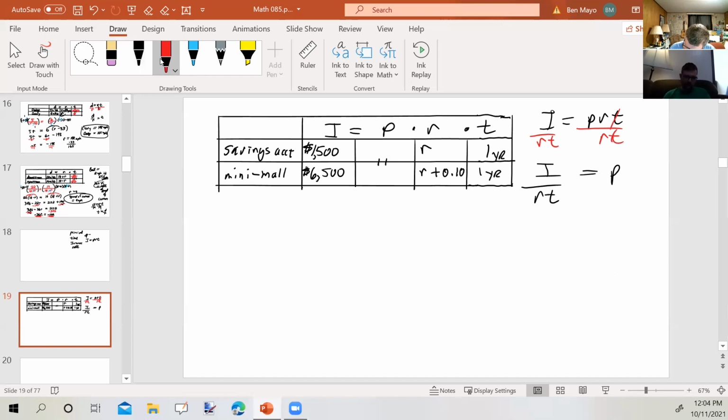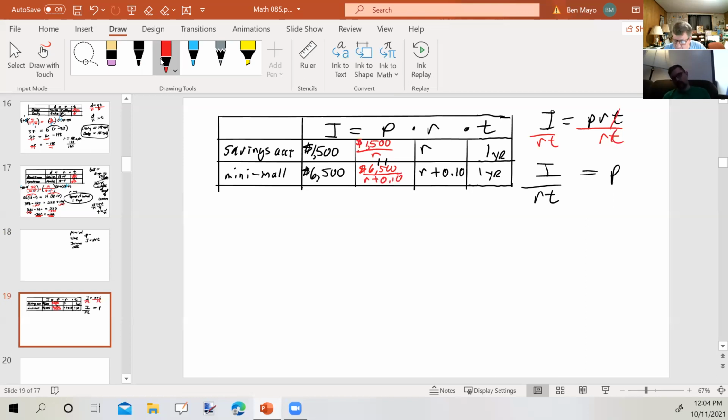So the principal in the first box is going to be $1,500 divided by 1 times R, or R. The principal in the second box is going to be $6,500 divided by R plus 0.10 times 1, which is R plus 0.10.